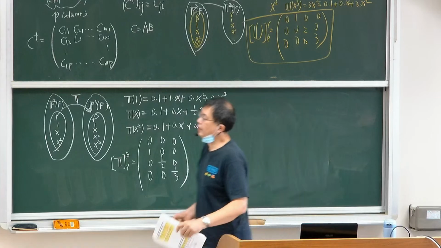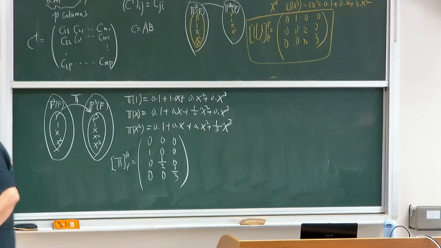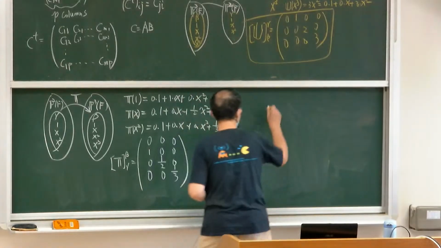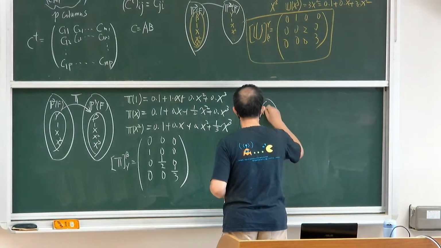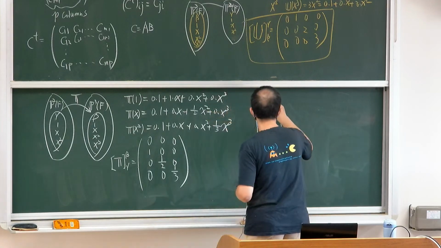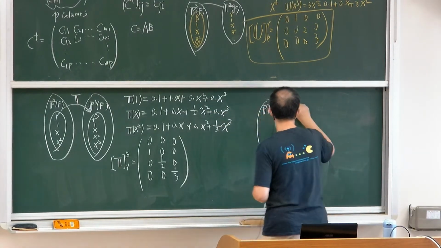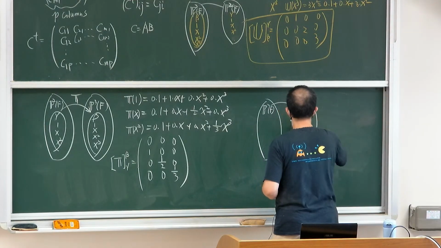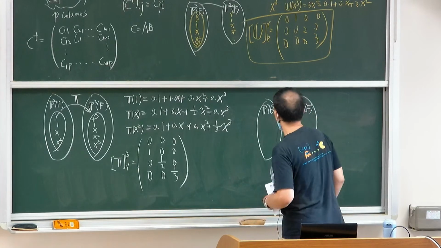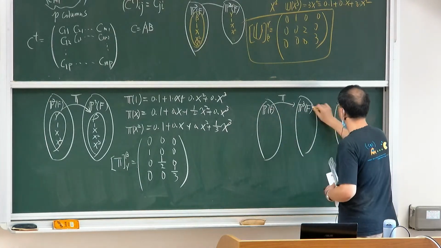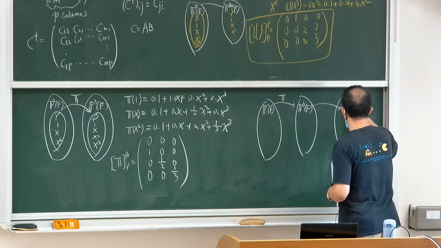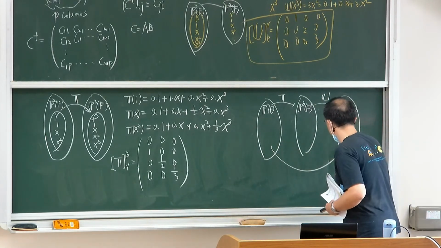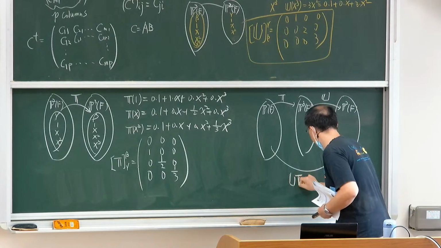Okay, then we can easily find that if I have a linear transformation from P2 to P3, this is T, and then from P3 back to P2, this is U, so I can have UT.